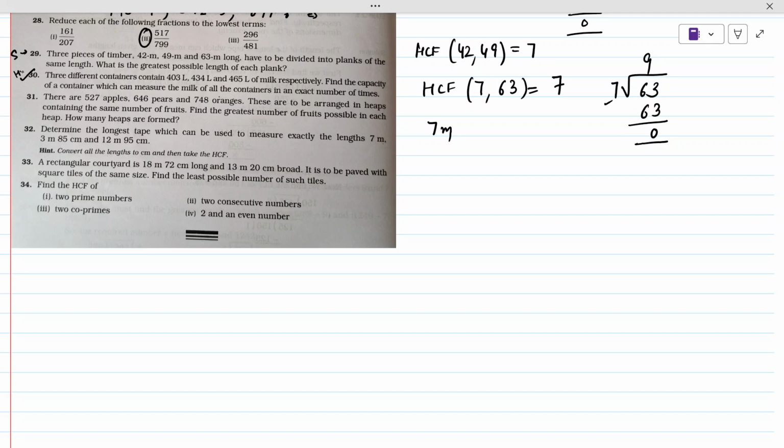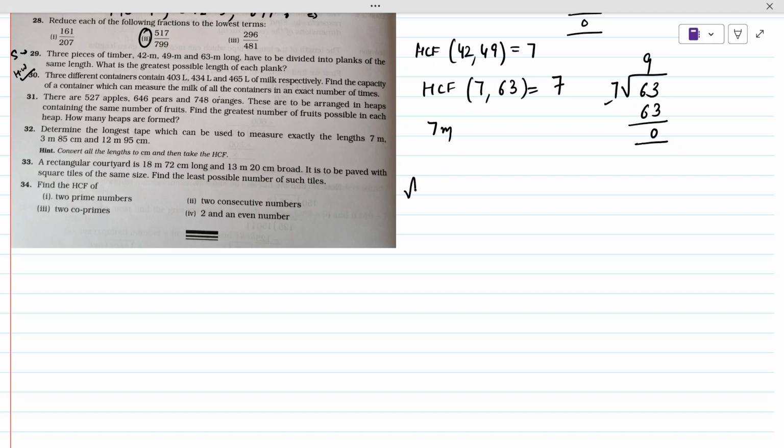You have to find the HCF of these 3 numbers, right? Next, there are 527 apples, 646 pears and 748 oranges, and they are to be arranged in heaps containing the same number of fruits. Find the greatest number of fruit possible in each heap and how many heaps are formed.